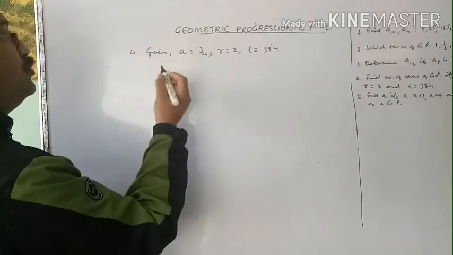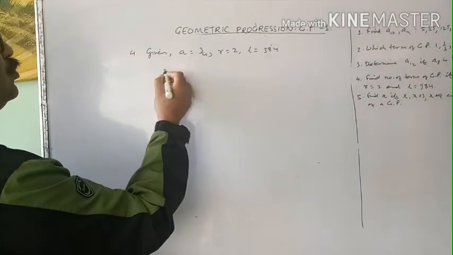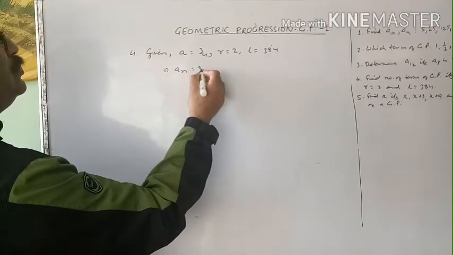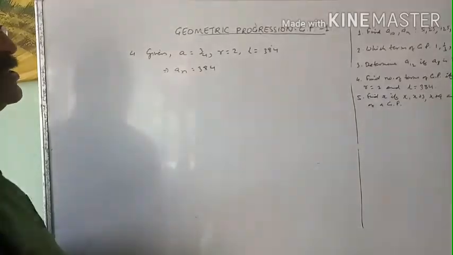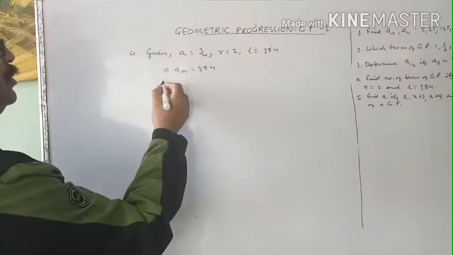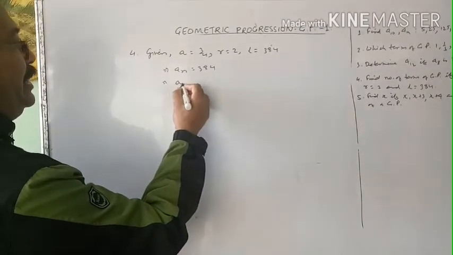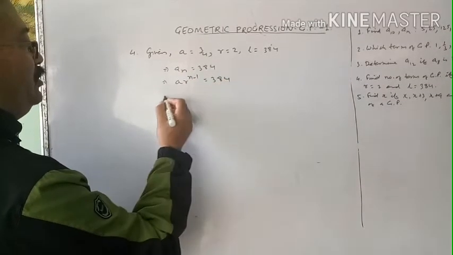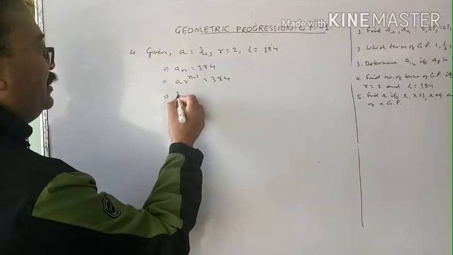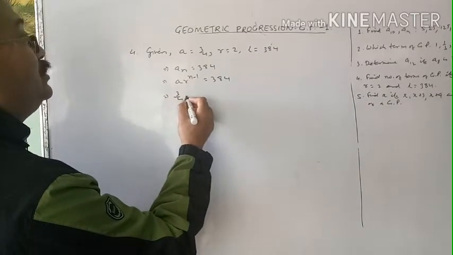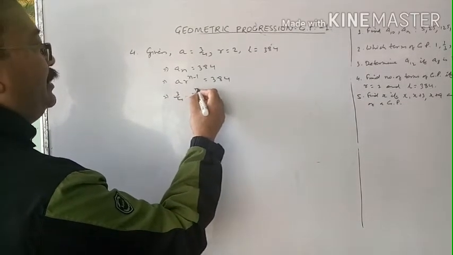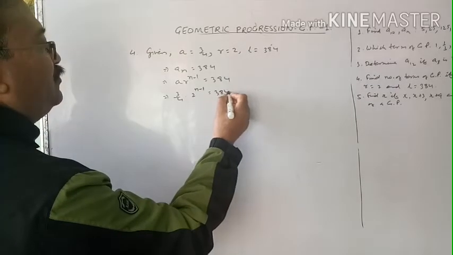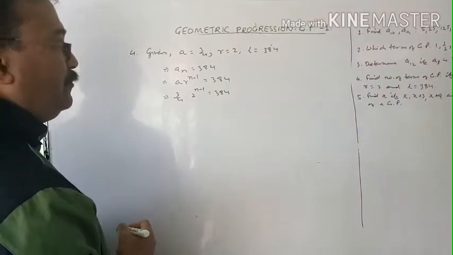Now the last term, L equal to 384, means AN equal to 384, because the Nth term is the last term. So AN means A into R to the power N minus 1 equal to 384. So the value of A is 3 by 4 into 2 to the power N minus 1 is equal to 384.